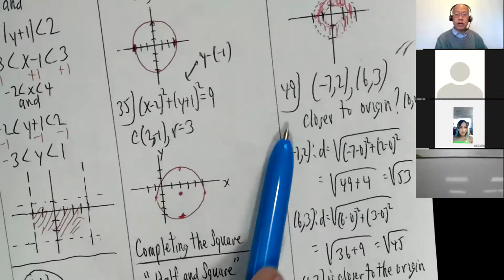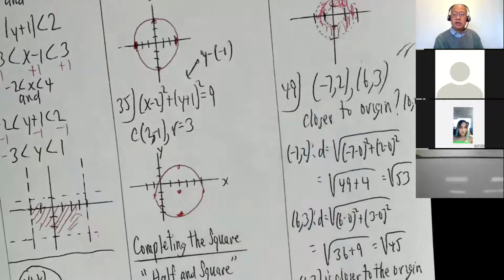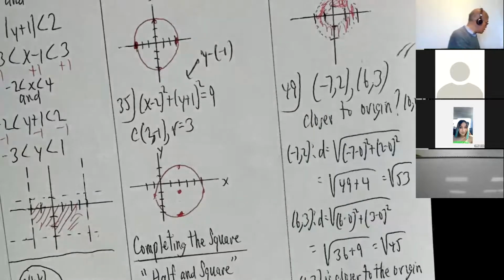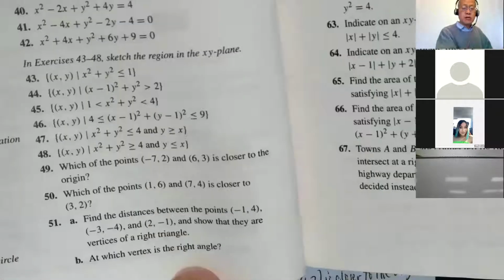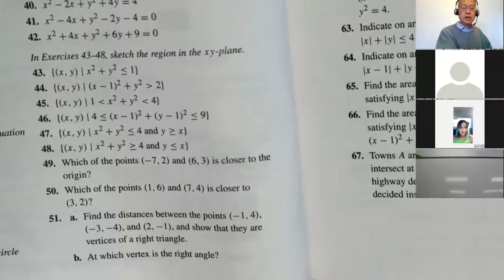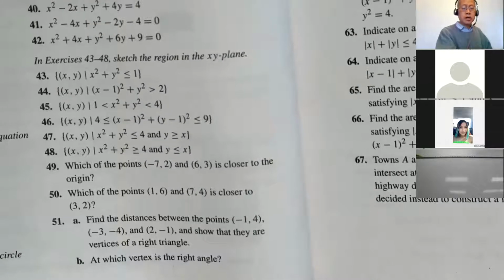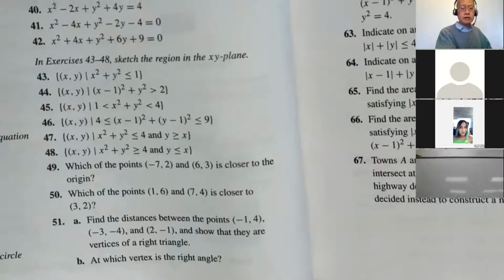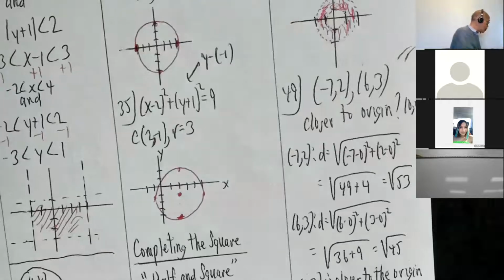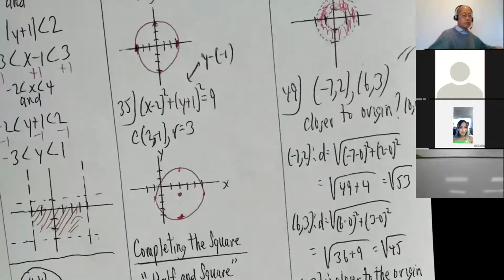All right. Okay, question 49. You're asked which point is closer to the origin between the two given points. So which of the points (-7, 2) and (6, 3) is closer to the origin? So the origin is (0, 0). I just use the distance formula from each one to (0, 0).